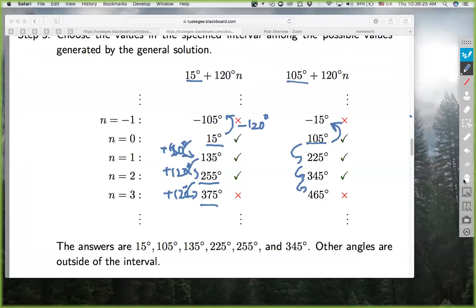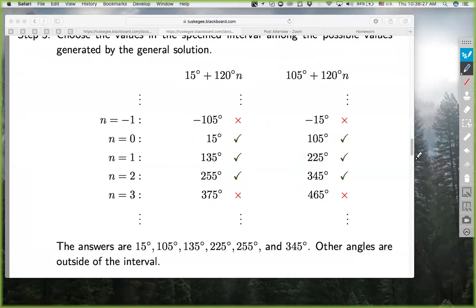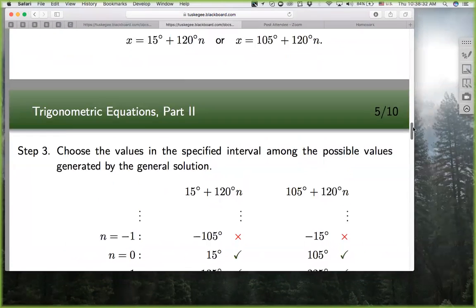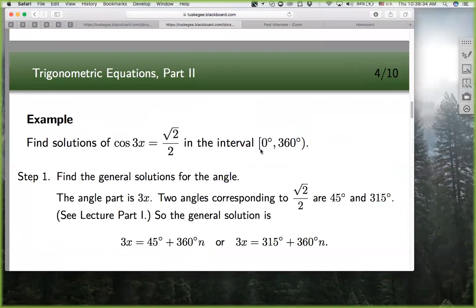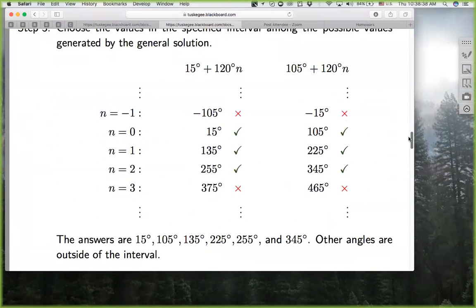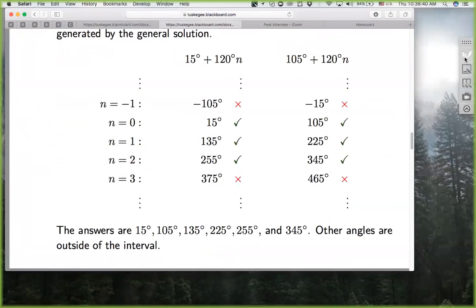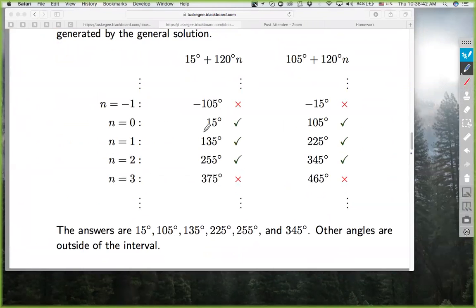The reason why we're doing this is because we want the angles between, back in the problem, 0 and 360 degrees. And when you generate the angles, there are more than 2 angles in that range. All these belong to the interval from 0 to 360.